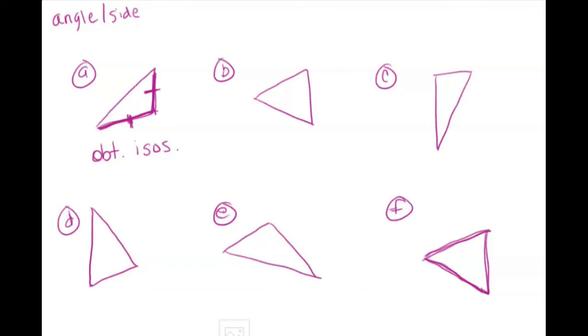Okay, looking at part B, it looks like all of these angles are nice and short. They are less than 90 degrees. We don't have a 90-degree angle, and I don't have anything bigger than that. So that makes this an acute triangle. And then it appears as if all of these sides are the same, which would make it equilateral.